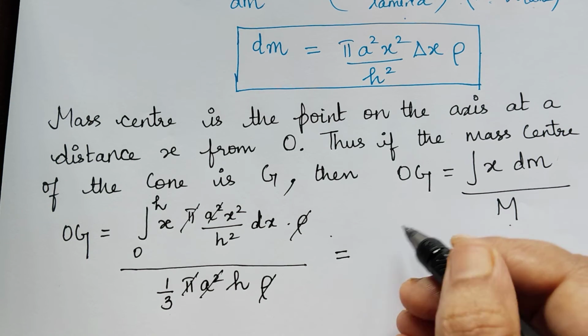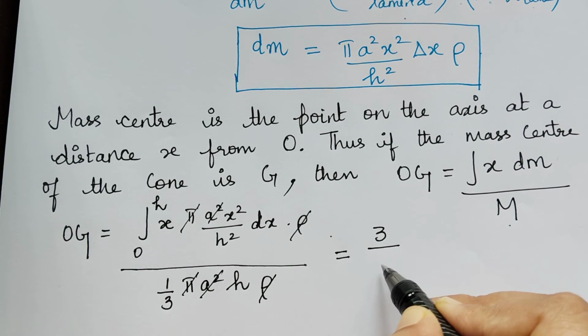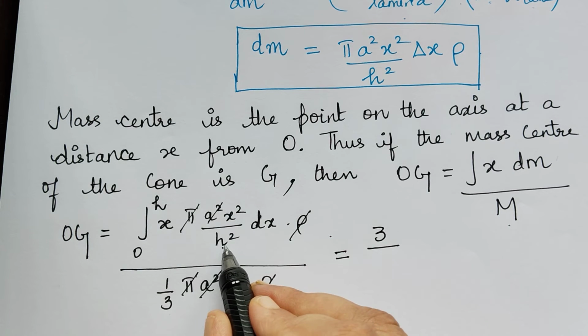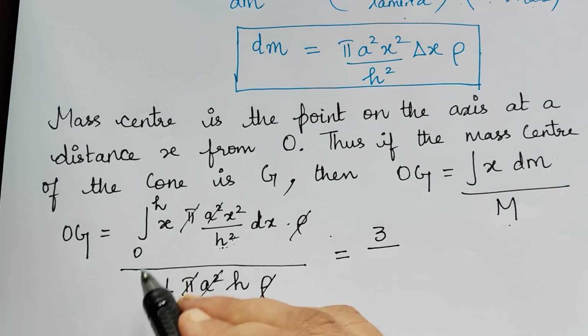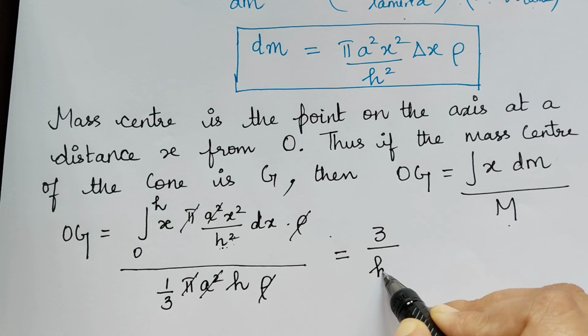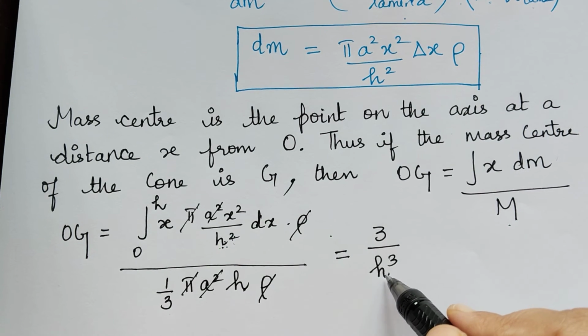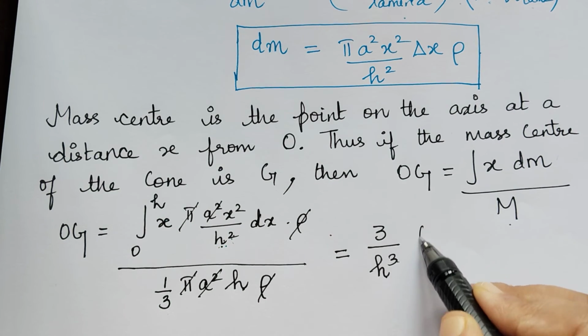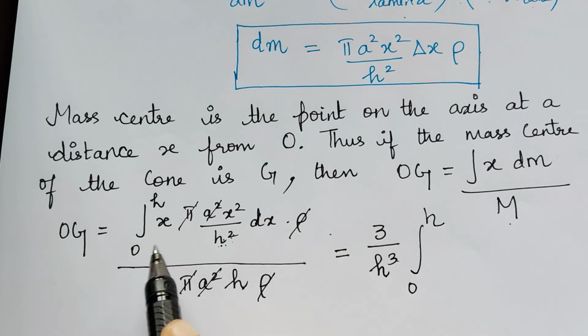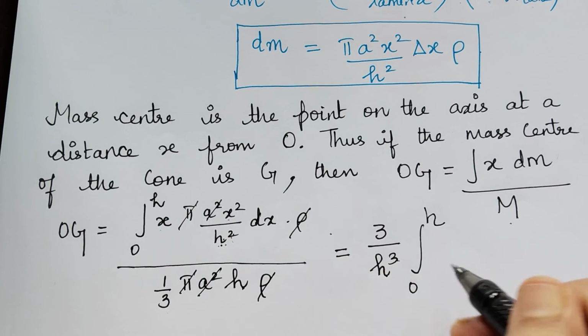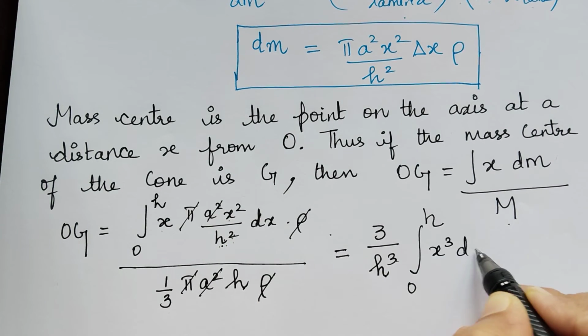So this will be equal to 3 by h, and we have h square inside, and so that comes outside and becomes h cube, and the integral from 0 to h of x multiplied with x square becomes x cube dx.